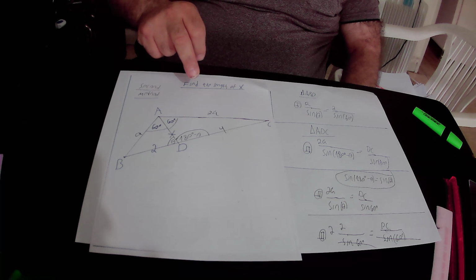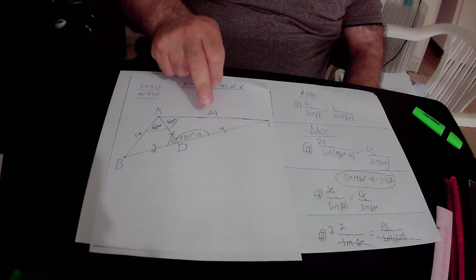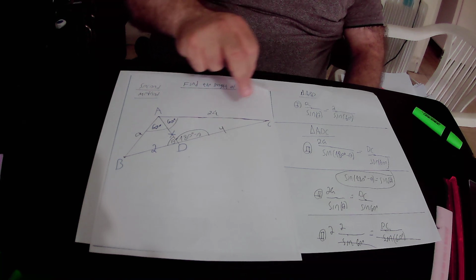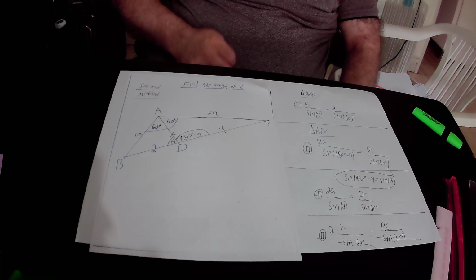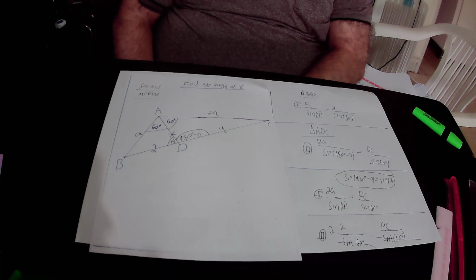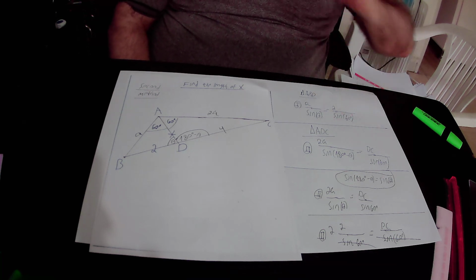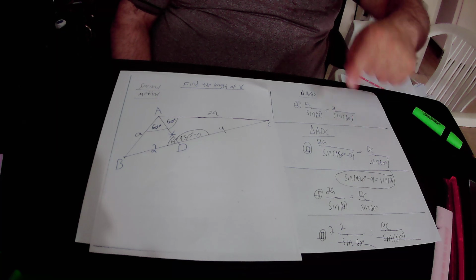According to the law of sines, we get 2a over sine (180 degrees minus theta) equals DC over sine 60 degrees. We have the trigonometric identity that sine (180 degrees minus theta) equals sine theta, so we can substitute it in equation number 2.